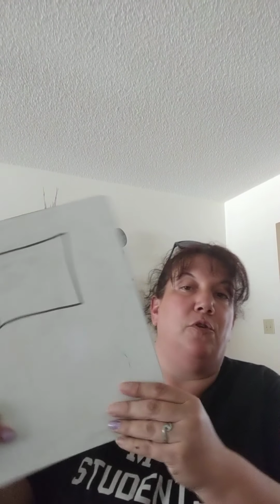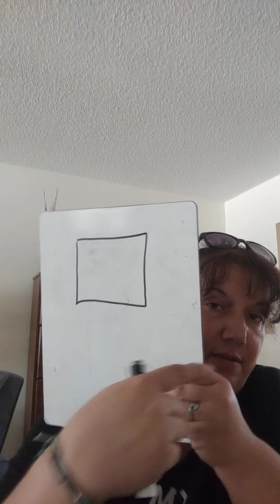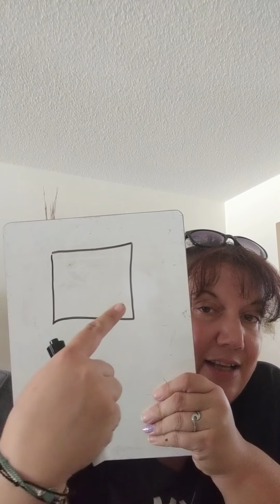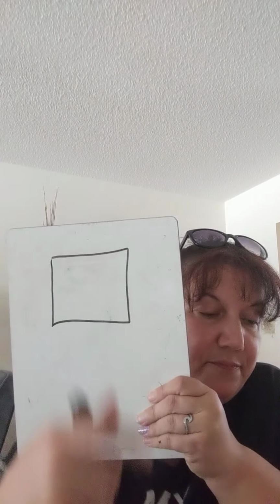12.2 is about angles. Now, if you don't know what an angle is, I'm going to tell you right now. Shapes have angles if two lines connect. So any two rays that connect can form an angle. This rectangle has 4 angles.